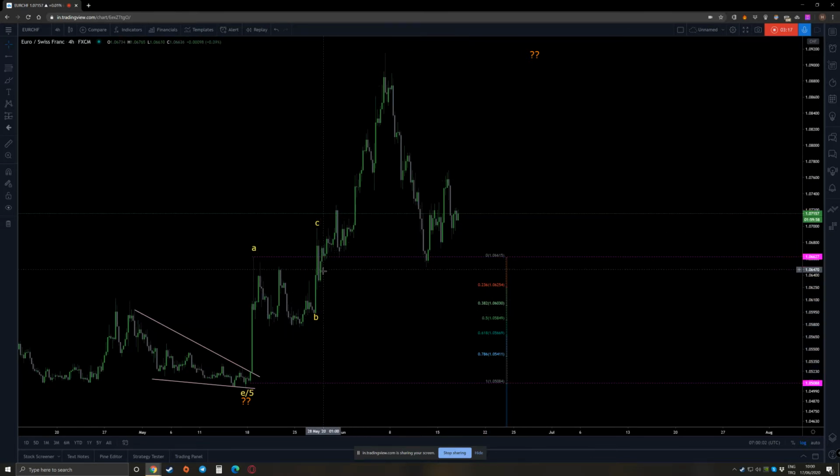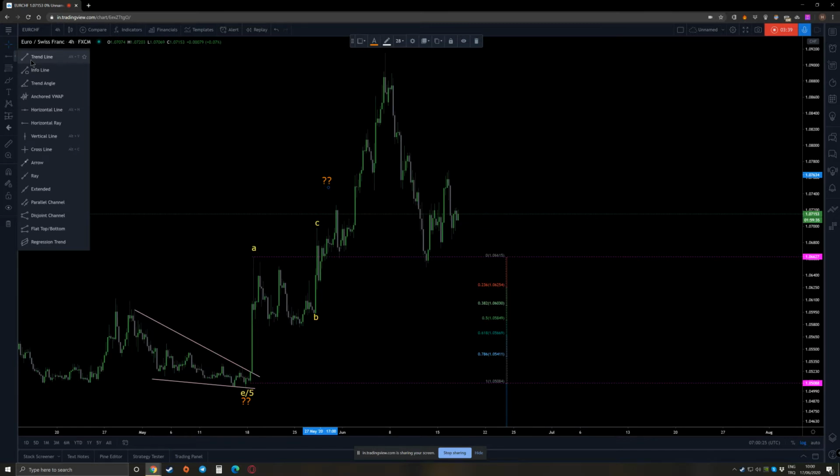Good. Well, if it is a zigzag, I also need to know if this ABC actually ends something in this degree, or is this a complex correction that will still go up?